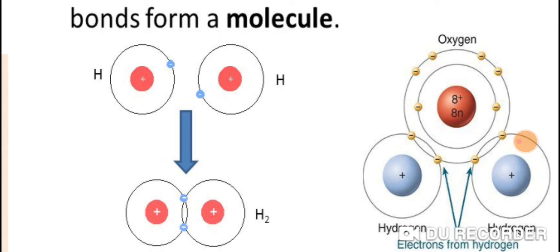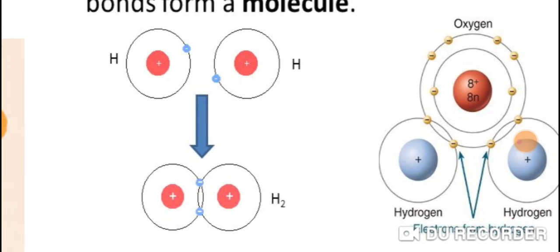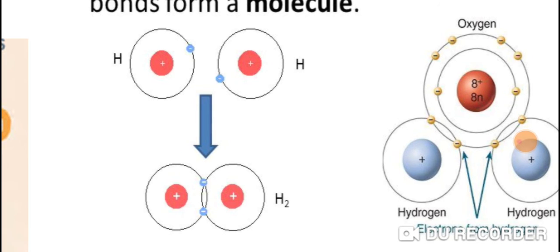Both hydrogen atoms will share their electrons in a way that an H2 bond will form and hydrogen gas will exist in the environment by mutual sharing of two electrons, both atoms taking benefit from the electron and not completely transferring their electron to each other and completing their outermost shell, which you can see in the bottom combination of H2 atoms.